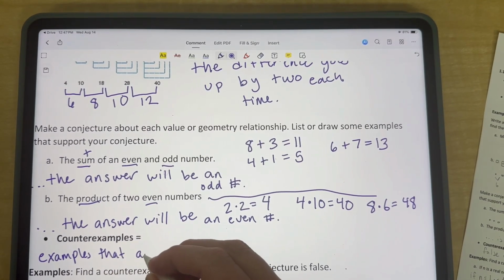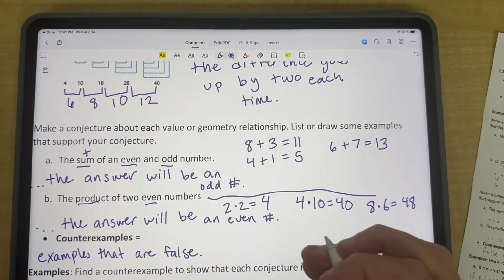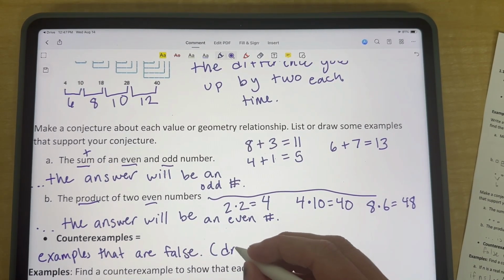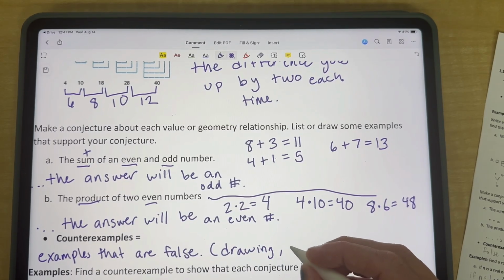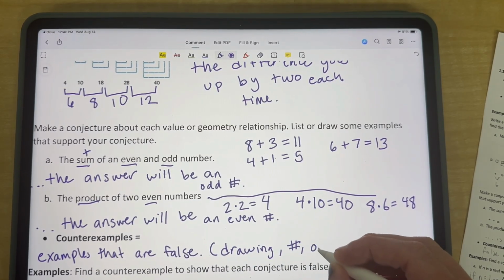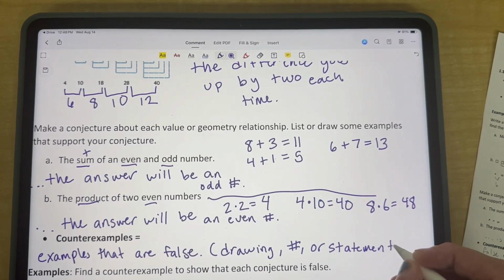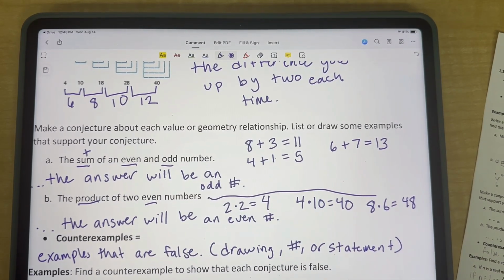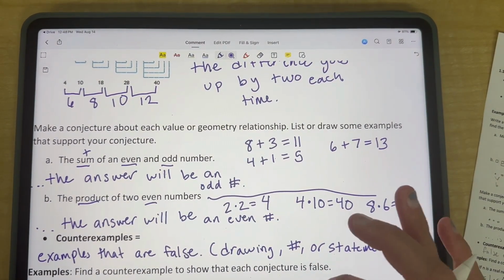Again, it can be a drawing, a number, or a statement. Because sometimes it's going to be a lot easier to show in numbers or drawings than it is to actually come up with the words to explain why your statement's not true.